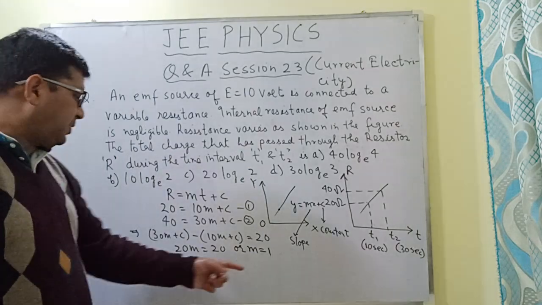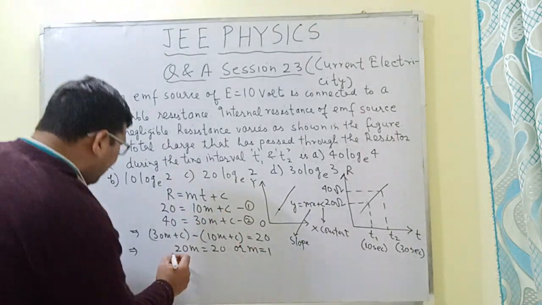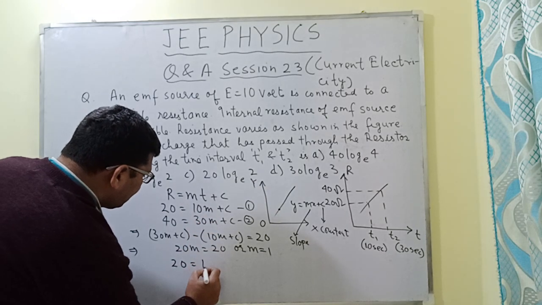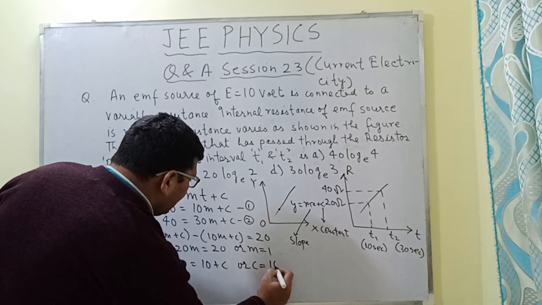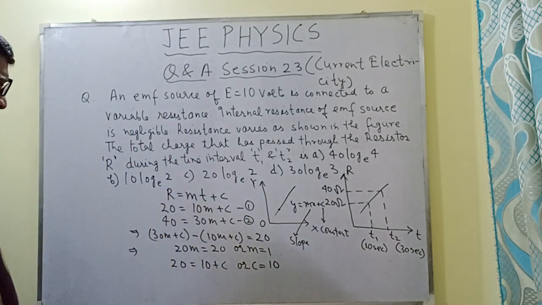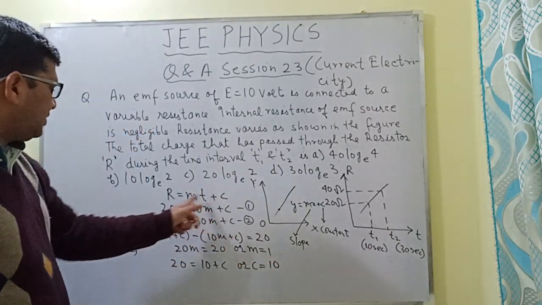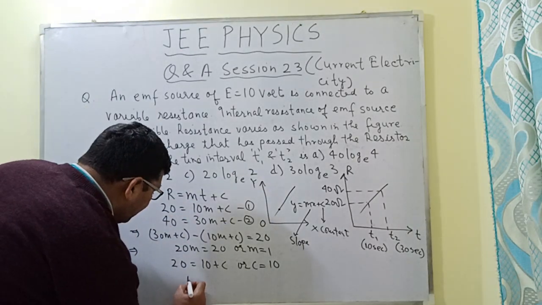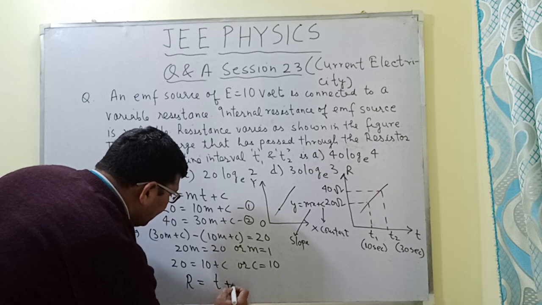Now I will substitute this value of M equal to 1 in equation number 1. So I will get 20 is equal to 1 times 10 plus C, or C is equal to 10. If I put these values, M equal to 1 and C equal to 10, in the equation R is equal to MT plus C, I will get the equation R is equal to T plus 10.